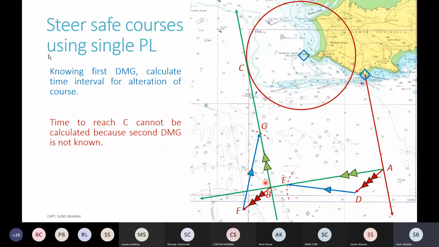Alpha and Bravo were hypothetical points which were picked up by us. So Bravo is not the actual position of the ship, and Bravo Charlie is not the distance made good on the second leg. So even though we know what is the speed made good on the second leg, we still cannot find out our ETA to point C.